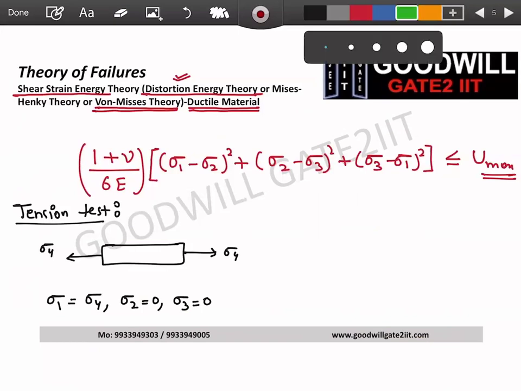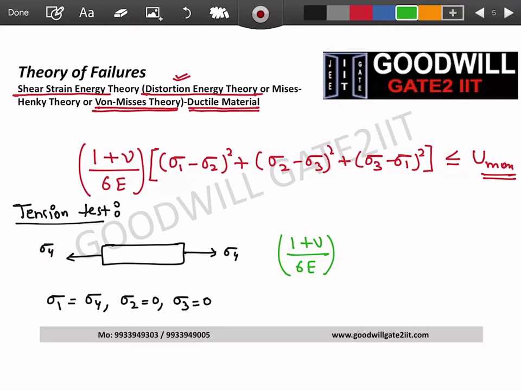So you have 1 plus nu divided by 6E. Sigma 2 is 0, sigma 3 is 0, so this is 0, this is 0, this is 0, this is 0. If you people agree, you will get this as 2 sigma y square. And beautifully, we get this as the maximum shear strain energy.